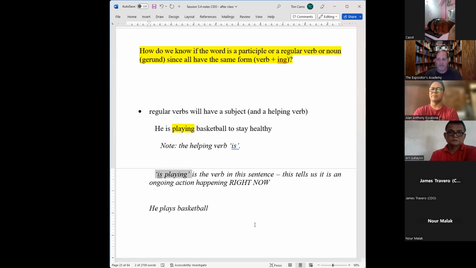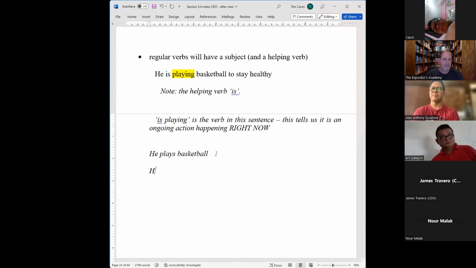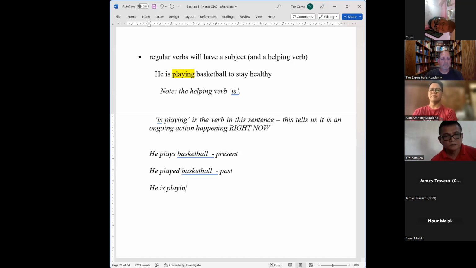Okay? So there are different ways you could represent it. He plays basketball. He played basketball. That's past tense, telling us something he did in the past. He plays basketball is present tense, but it's not telling us exactly when he's playing. Now, if it's he is playing basketball, this is ongoing now.